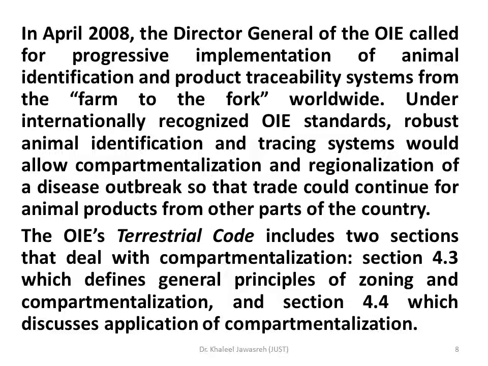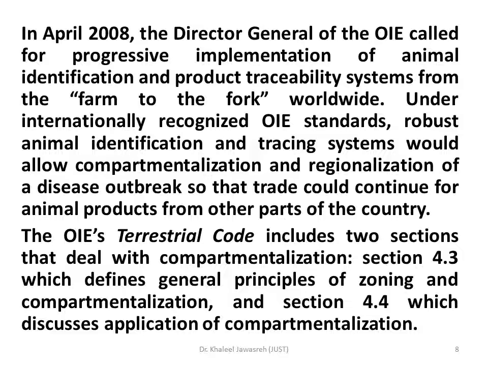Under internationally recognized OIE standards, robust animal identification and tracing systems would allow compartmentalization and regionalization of the disease outbreak, so that trade could continue for animal products from other parts of the country.